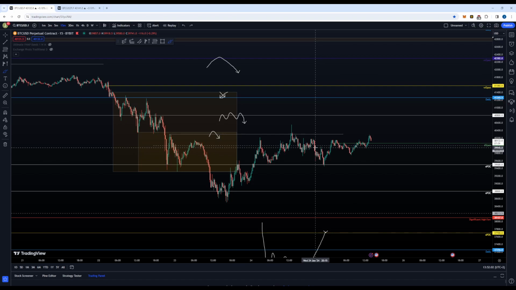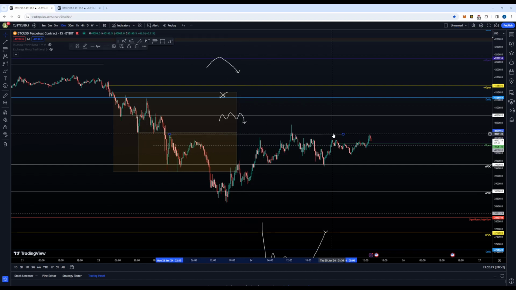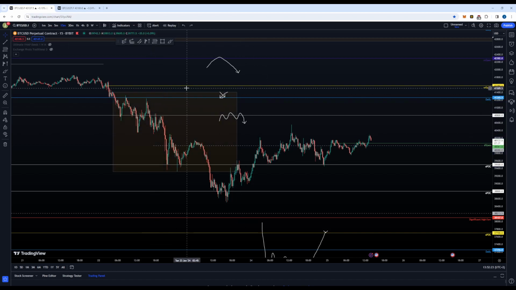I made almost 2% profit yesterday, very profitable day. I didn't long this because I'm still expecting lower prices on higher time frames. All this was just a lower time frame move played out, which I don't care about anymore. And I'm starting with fresh bias. This one I will keep.